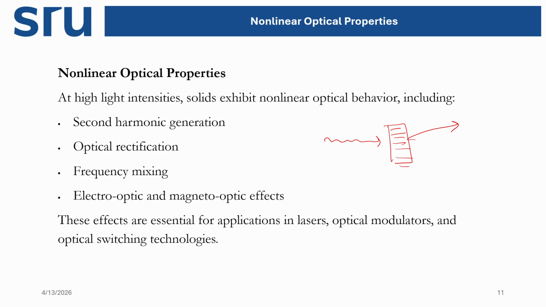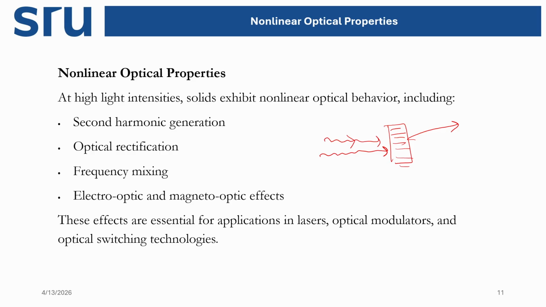But now I change the energy of the incident light, making it a little bit higher in energy. If, on increasing the energy of the incident light, the material's property increases proportionally, then we call it linear optical properties.